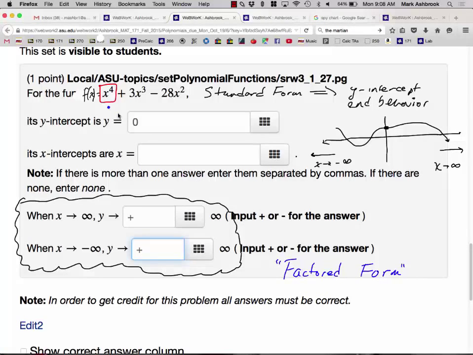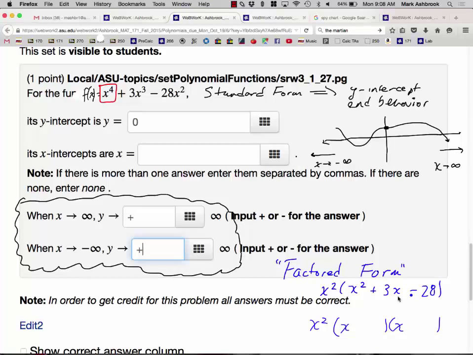So where do we start? We first get out all the x's that we can, which is x squared. That leaves x squared plus 3x minus 28. Then we keep going as long as we can keep factoring. Does this one continue to factor?